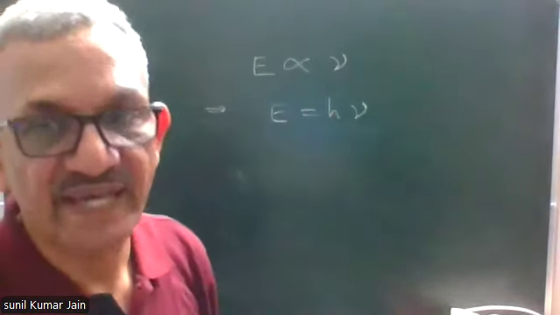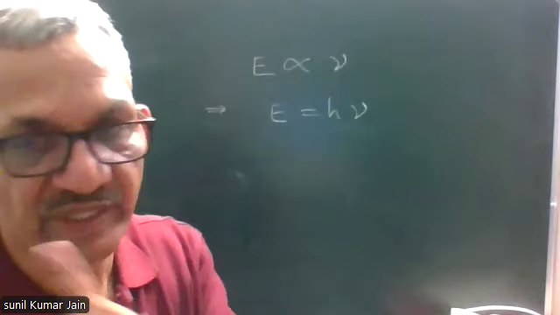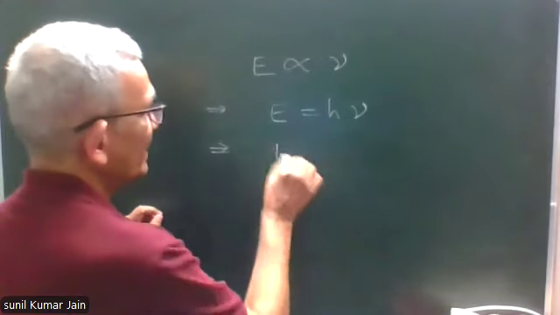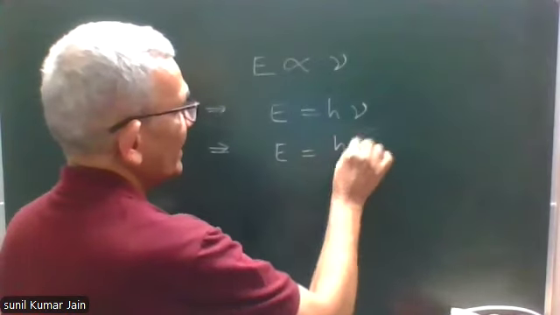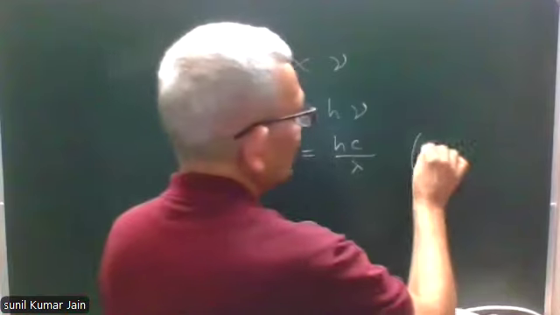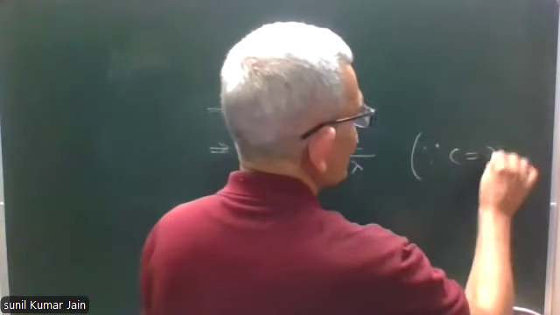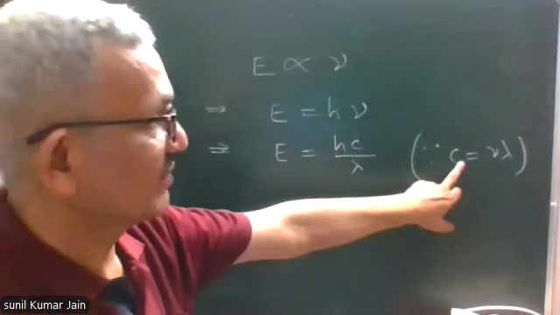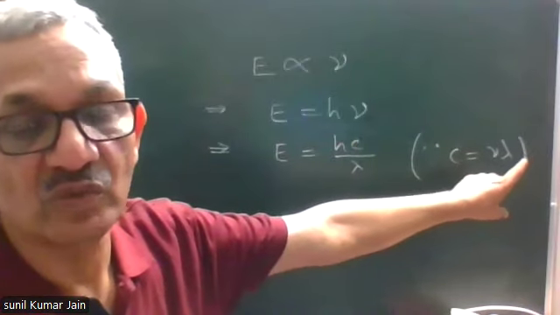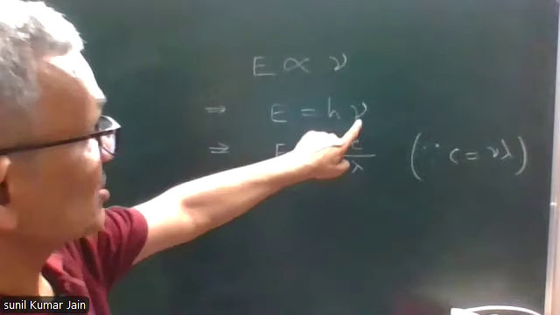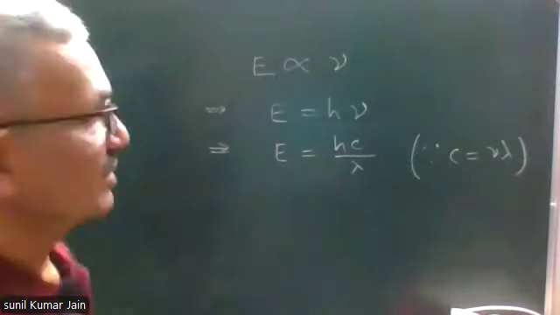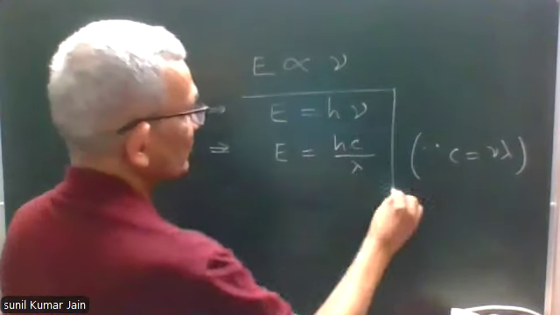This constant is h, called Planck's constant, that I'll tell you later. Or I can say E is equal to hc by lambda, because c is equal to nu lambda. Last time I told you velocity of light is equal to frequency into wavelength. In place of frequency, I've used c by lambda. So these are two relations which we'll be using.